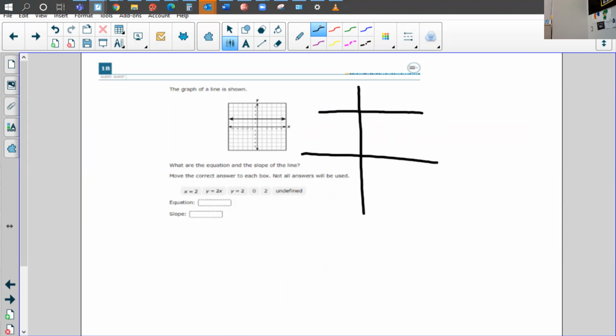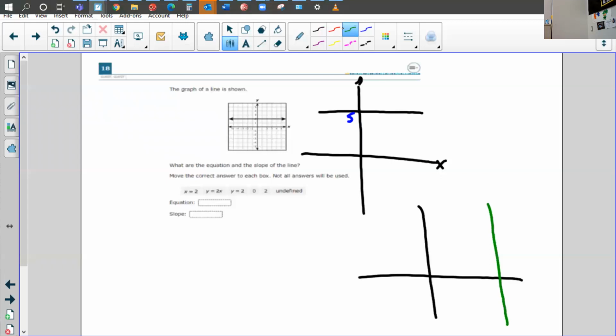This is my x, that's my y. And say this point is, I don't know, say this is 5. Then we have another graph, it looks like this. This time the line crosses the x-axis. Let's say this is, I don't know, 7. For this first graph, because the line is horizontal and crosses the y-axis at 5, the equation is y equals 5, a straight line.